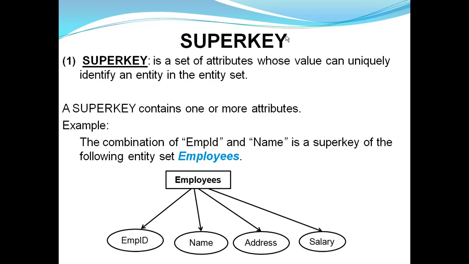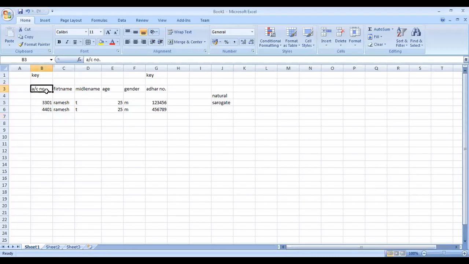For an example, in this, if somebody provides account number and first name, can we uniquely identify the person? Yes.